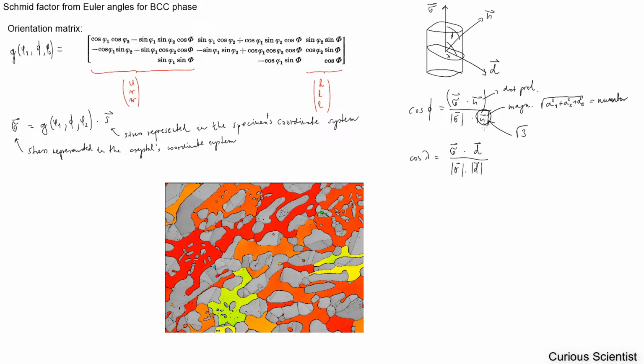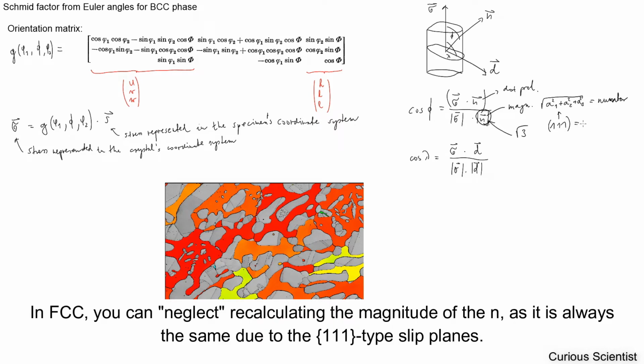Because this represents the normal vector of the plane, which in FCC is usually some 1-1-1 type of plane. Whatever you do here, for example changing the signs, this equation will always give you square root of 3. So we could fix that number in our calculations and simplify things.